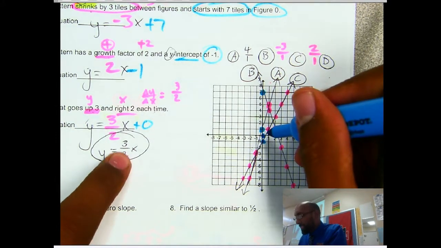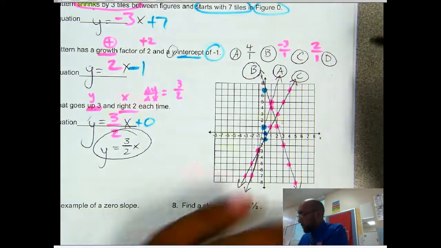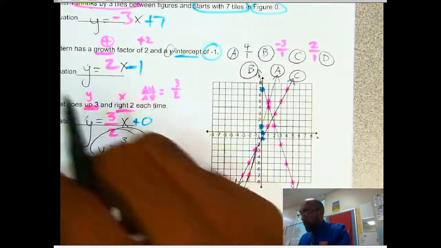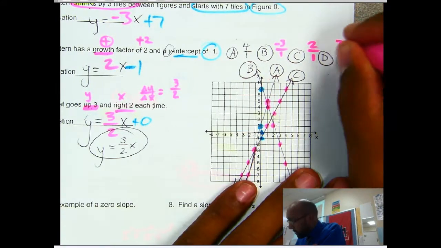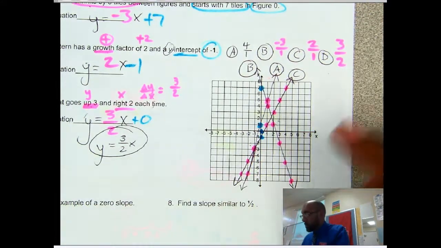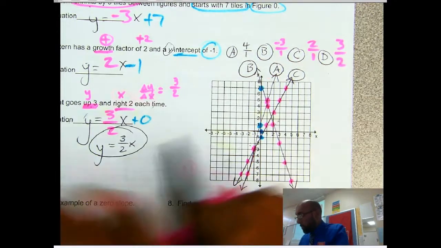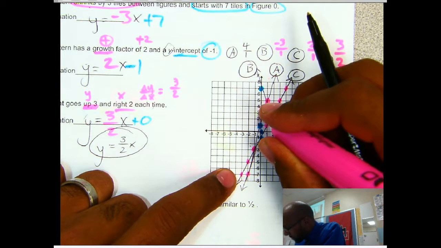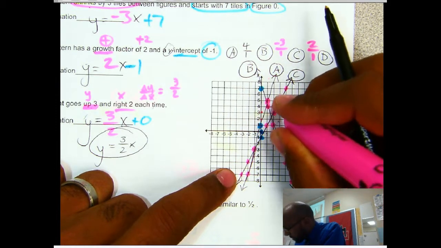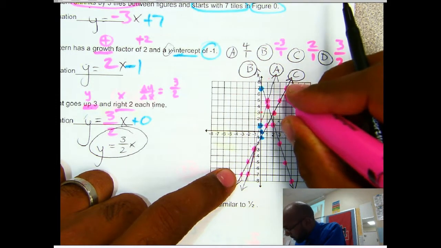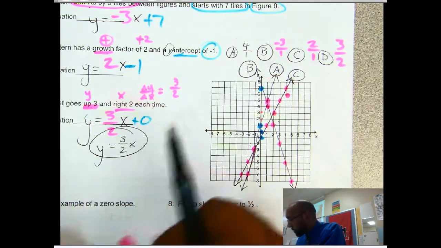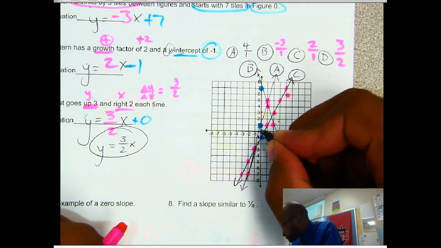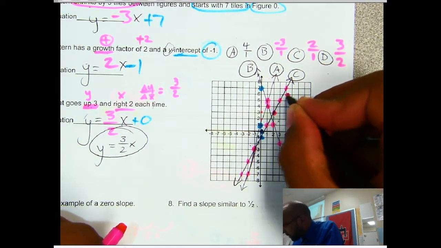Remember that for D, the slope is up 3, right 2. So from the middle, I count up 3: 1, 2, 3. Then go right 2. Right here.